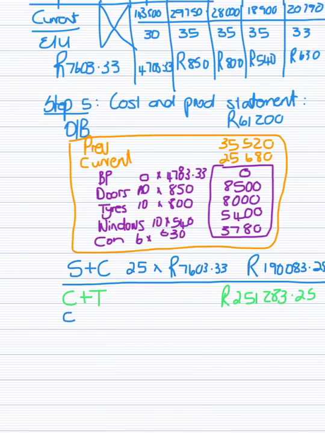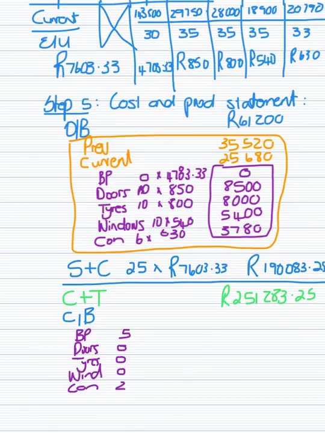The last one remaining is my closing balance. And now once again we can list all the materials: body parts, doors, tires, windows, and conversion. Body parts we have calculated at 5, 0 for doors, 0 for tires, 0 for windows, and conversion was 2.